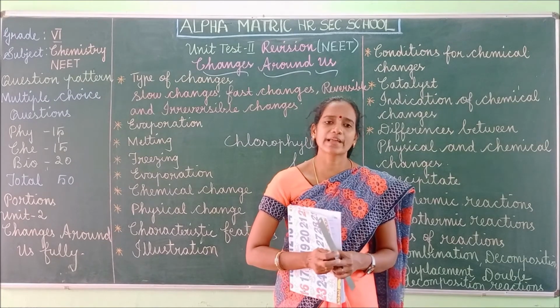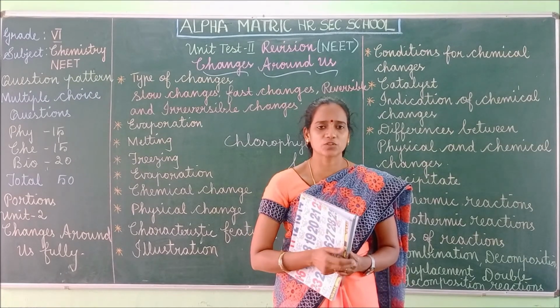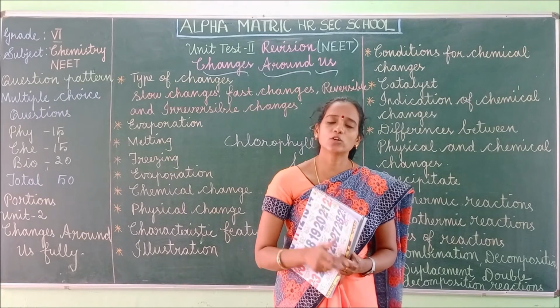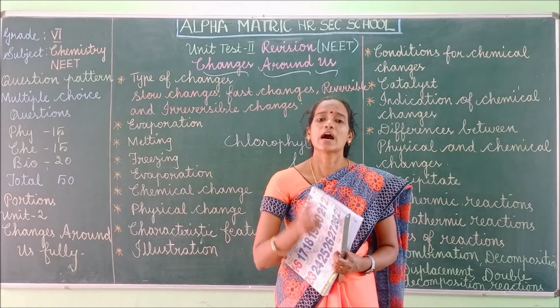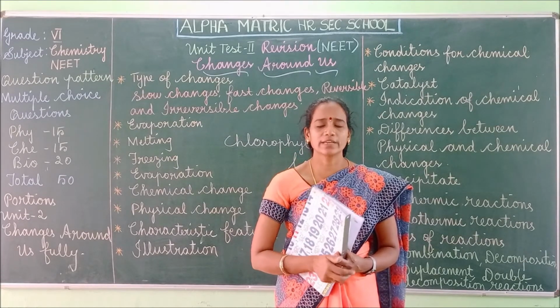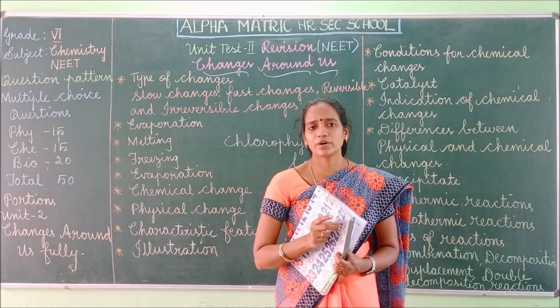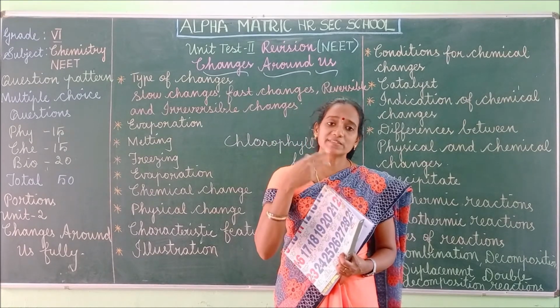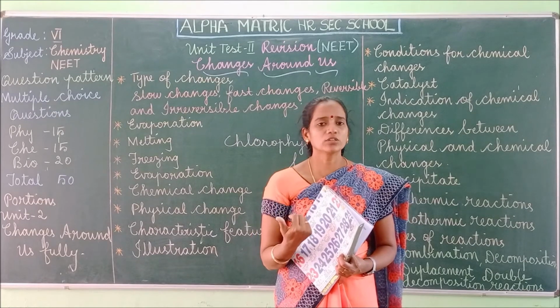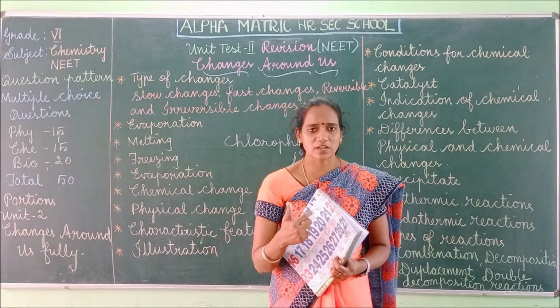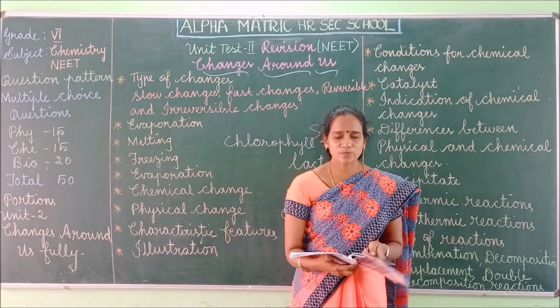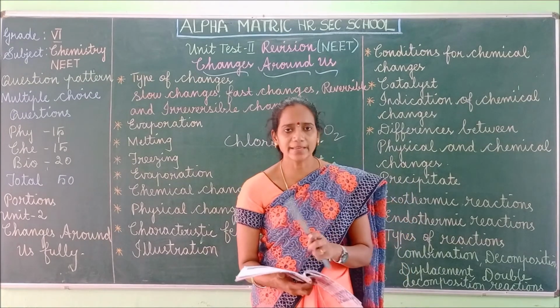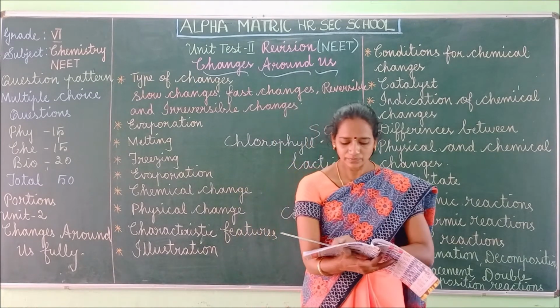At the same time, endothermic reaction means what? Absorption of heat. These 2 things you should remember. Exothermic reaction means heat is produced, but endothermic reaction means heat is absorbed. So that's the difference between exothermic reaction and endothermic reaction.